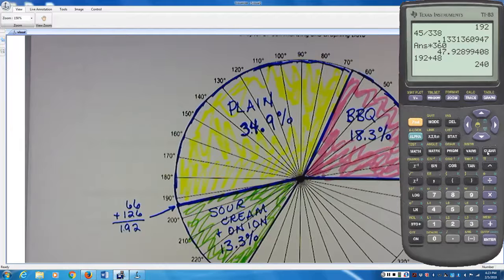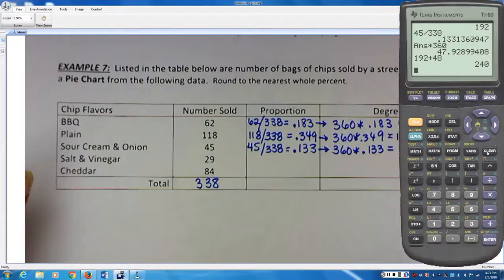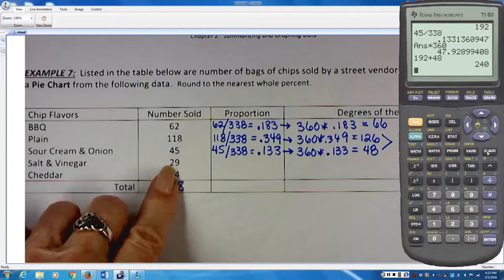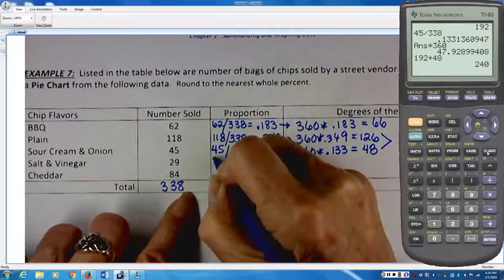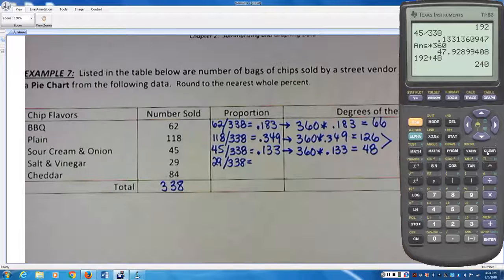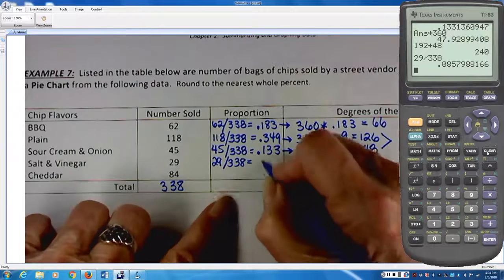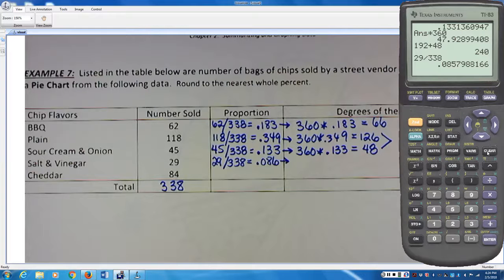Then I have salt and vinegar. Salt and vinegar, they only sold 29 bags of those. That's a shame because I would have bought 29 bags probably myself. I like those. But 29 divided by 338 is about 8.6%, which is about 31 degrees.